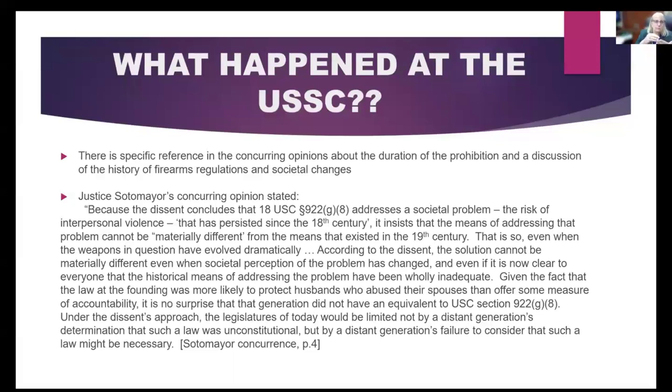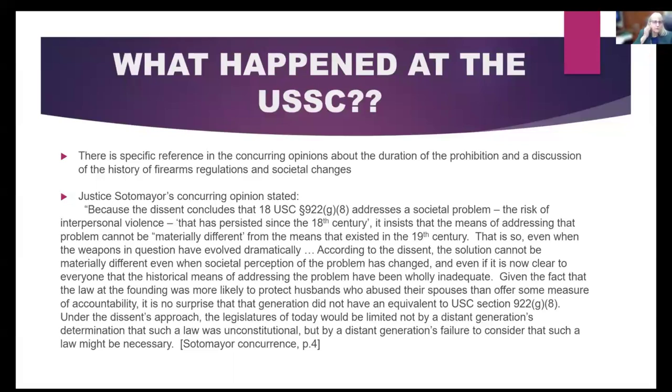So there's reference to it in the concurring opinion, but they don't talk about what would happen. And these are questions that are still out there. What would happen if the protective order was for longer than 2 years? So we thought it was interesting.